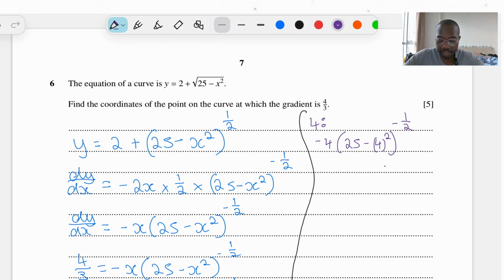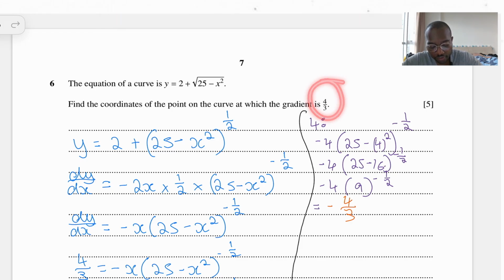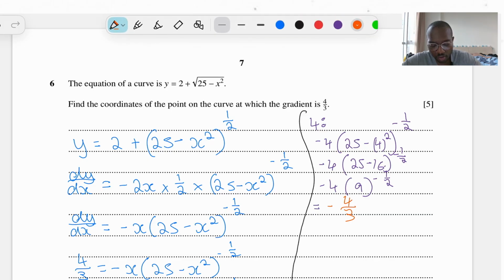If we work this out, we get minus 4, then 25 minus 16 to the power of a half, which would be minus 4 times 9 to the half. And that would give us a negative 4 over 3. As you can see, we want a positive 4 over 3, but we get a negative 4 over 3 when we use positive 4. So that answer is most likely not correct.